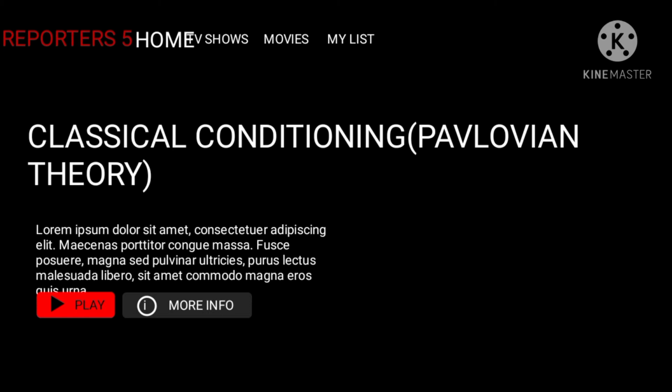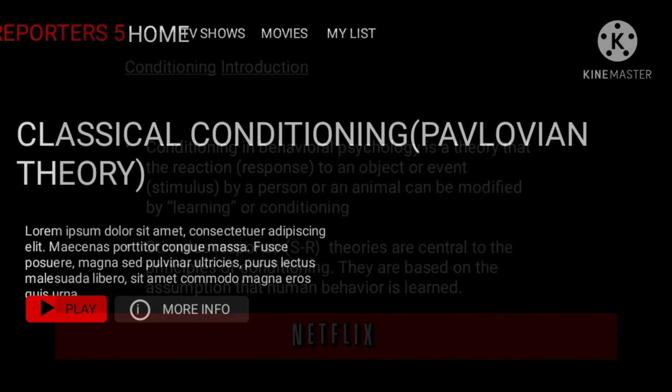According to some physiologists, Ivan Pavlov devoted the rest of his career to studying this type of learning, which is classical conditioning. So that's the background or the short trivia about kung paano nagsimula yung experiment ni Ivan Pavlov in terms of this classical conditioning. Now let us proceed to the conditioning introduction.